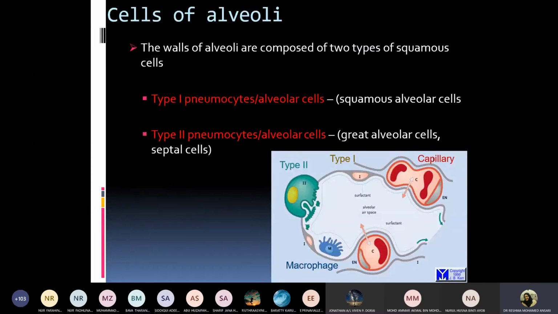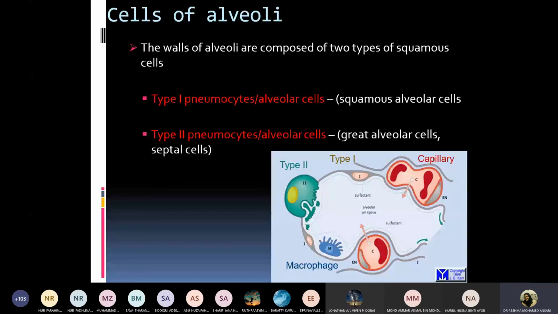So what are the cells of the alveoli? We know that they are simple squamous epithelium, but you have two types of cells: type 1 pneumocytes and type 2 pneumocytes. Type 1 pneumocytes are squamous or very flattened alveolar cells. Type 2 pneumocytes are a bit bigger. That's why we call them great alveolar cells or septal cells.